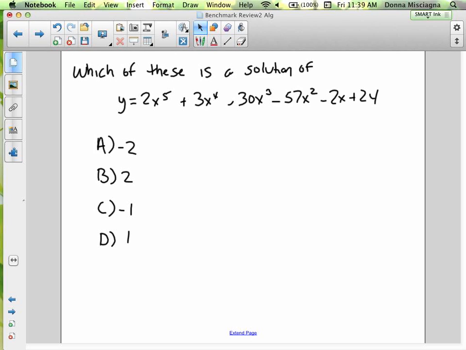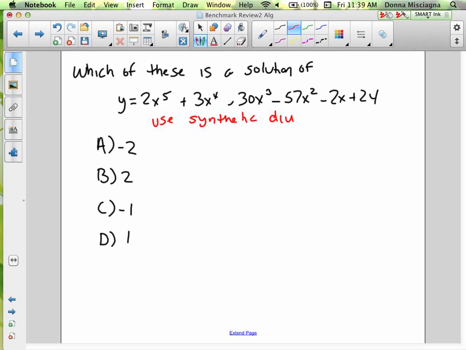So here we want to find the solution. Right? We have a choice of 4. What should you use? Use synthetic division. If the remainder is 0, then the value is a solution.